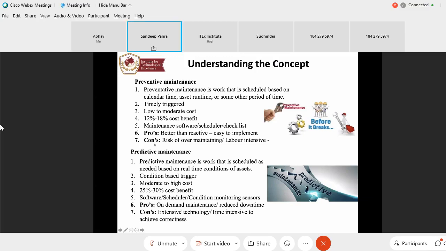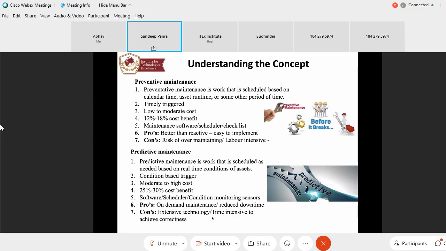Some disadvantages of preventive maintenance are that if you don't schedule it well, it may be over maintenance. Or it can be labor intensive. As for the cons of predictive maintenance, it can be an expensive technology, but I'll show you that it's not necessary to go for a very sophisticated, high cost setup.